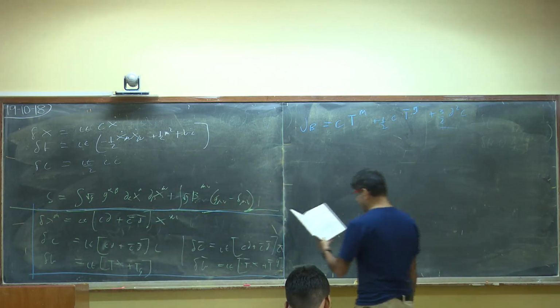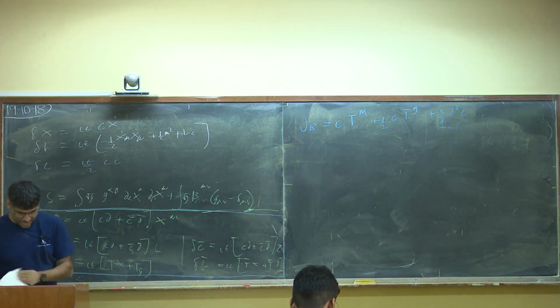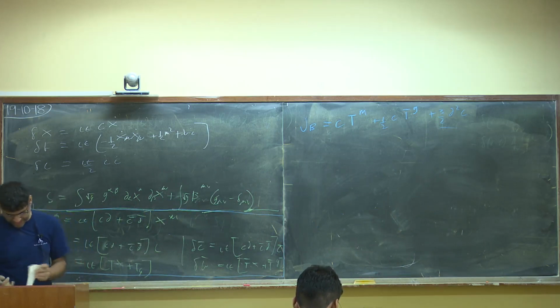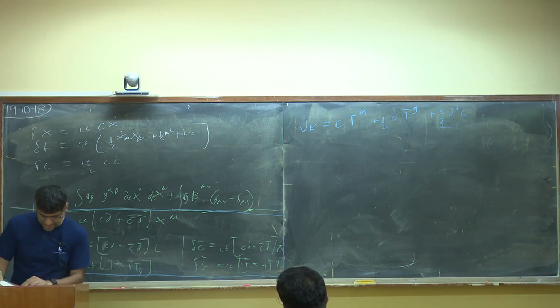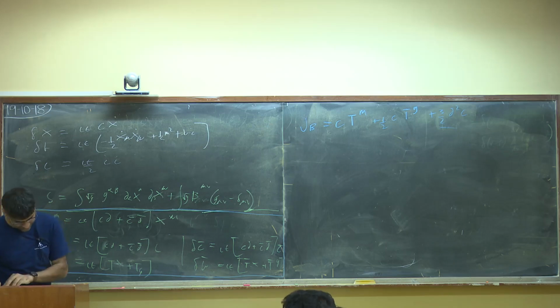Now, we will write down an explicit formula for this J_B, and for that we need an explicit formula for the stress tensor of the bc system. I'll just get that right. It was basically del b times c plus or minus lambda times del(bc), but I'll get the coefficients right.